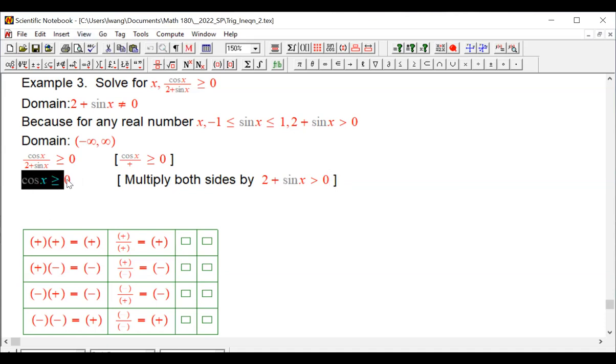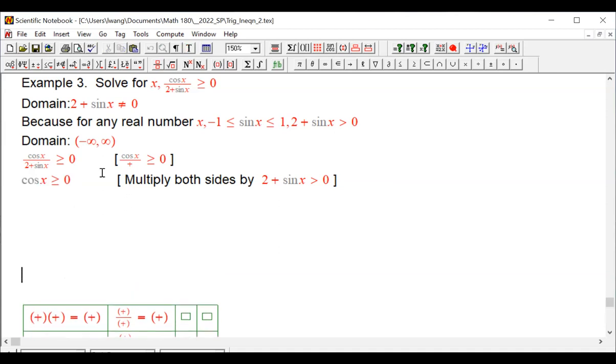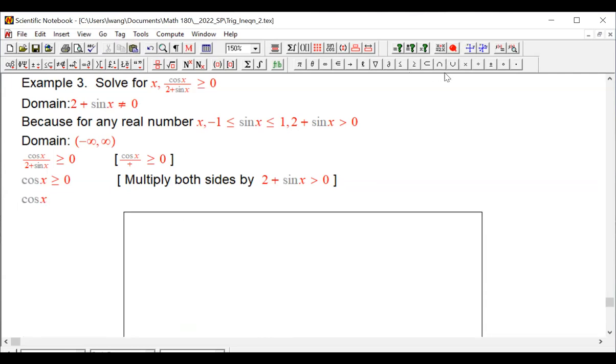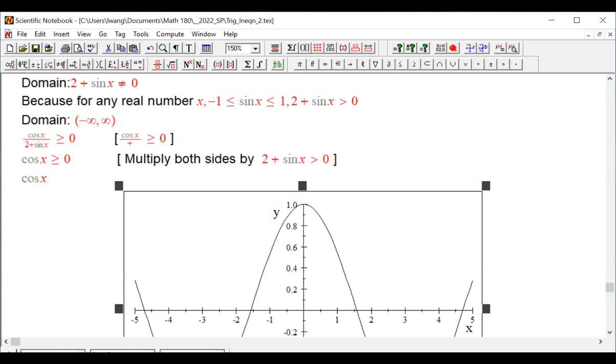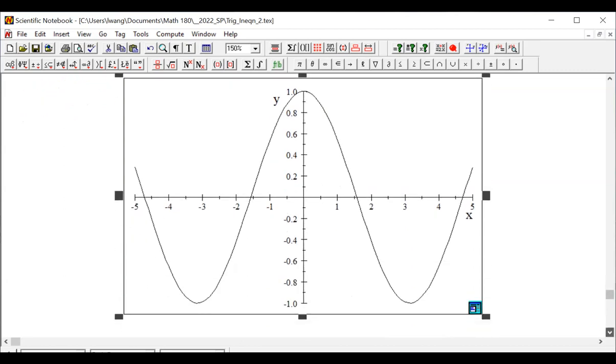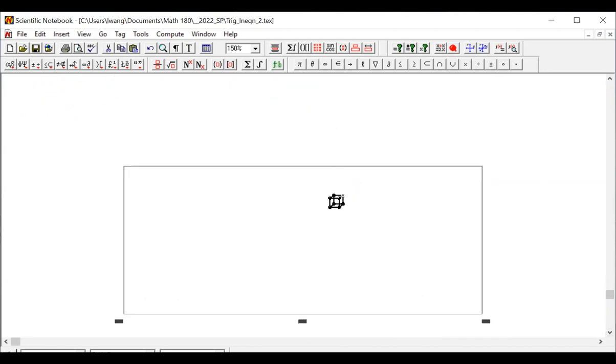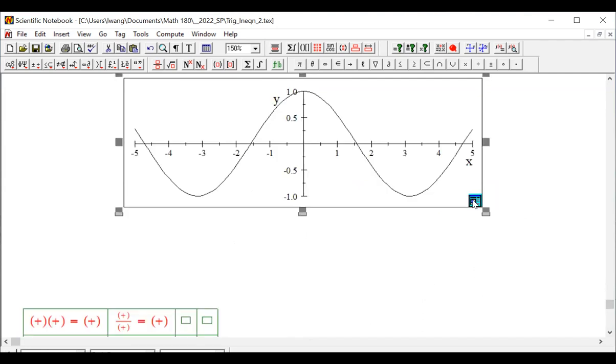Now the question is, how do we solve cosine x greater than or equal to 0? This time the cosine curve will be very useful to give us that visual. Of course, we can also look at the unit circle. We're going to look at both. Cosine curve.